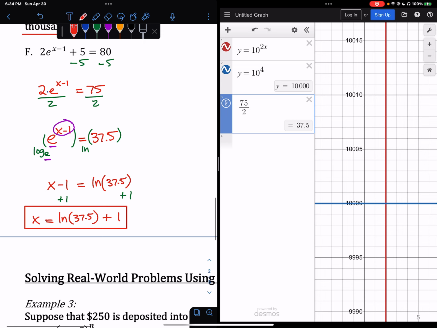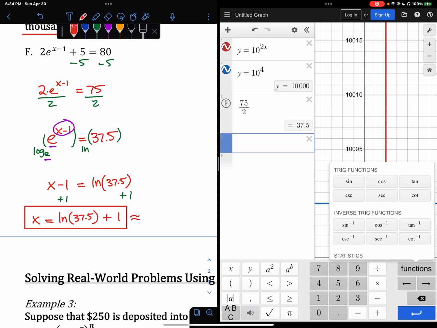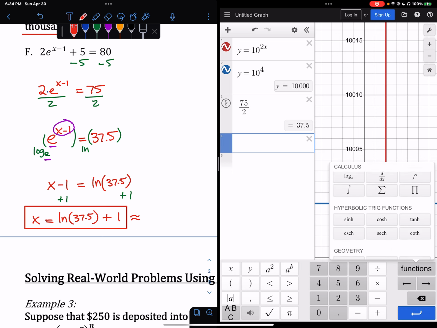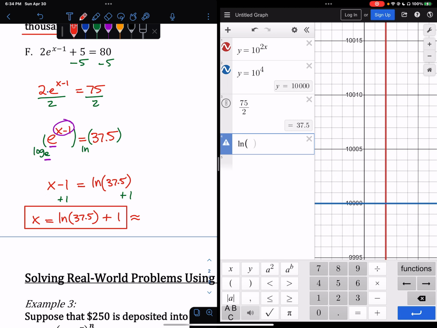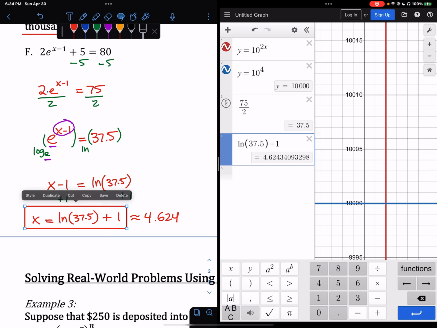And now we're going to find the approximate answer. So that is approximately, and again, we'll go to our calculator here, natural log of 37.5 plus 1. It tells me it's about 4.624. So I'm just going to cover that up.